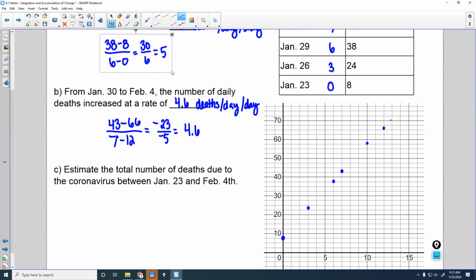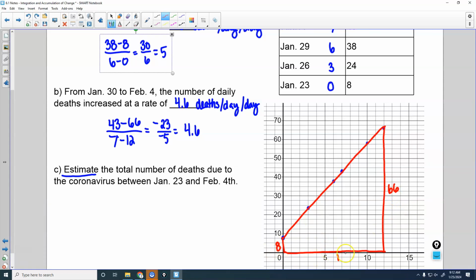So if I look at this, this is not a perfectly straight line, but it said estimate, right? And to estimate, to me, that is close enough to a pretty straight line that I think I can just do the area of that trapezoid right there. So the height right here is 8. The height right here is 66.